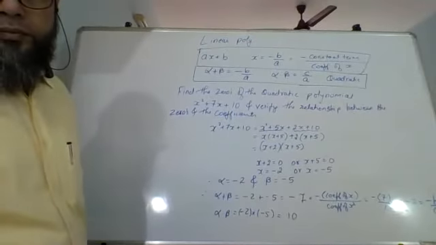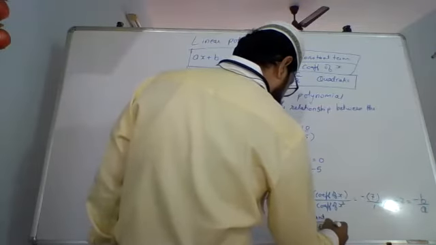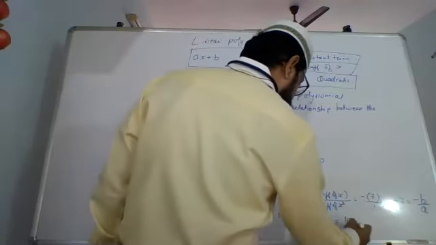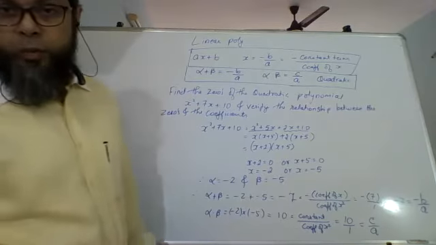Similarly, here it is the constant upon the coefficient of x square. The constant is 10, and the coefficient of x square is 1, which is c upon a. So alpha plus beta equals minus b upon a, and alpha into beta equals c upon a.